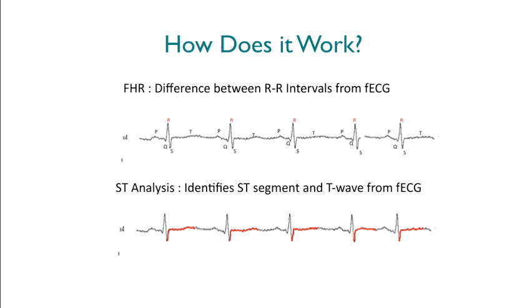That's what we currently use with the regular scalp electrode, and that's all. In addition to this, the STAN analysis identifies the ST segment and the T wave. So in addition to providing the fetal heart rate by calculating the RR interval, the STAN equipment also evaluates the ST segment and the T wave.